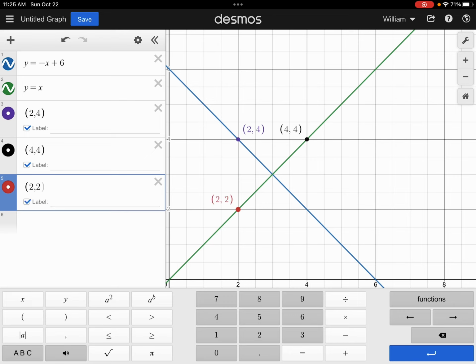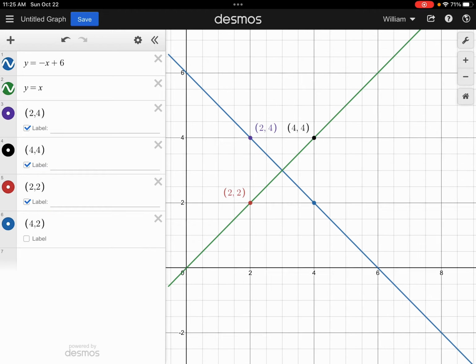And my last point is going to be at 4 and 2. And I know that because I know all the sides are the same. I know the diagonals intersect. I already see they're opposite reciprocals. It's going to make them the same.